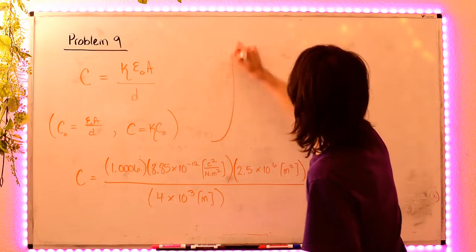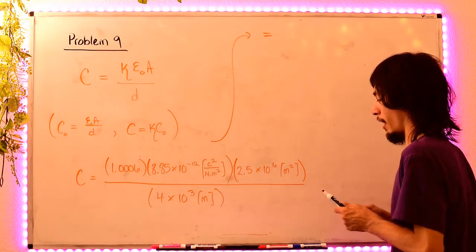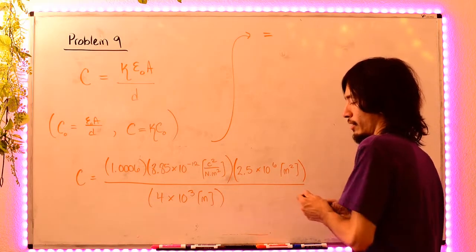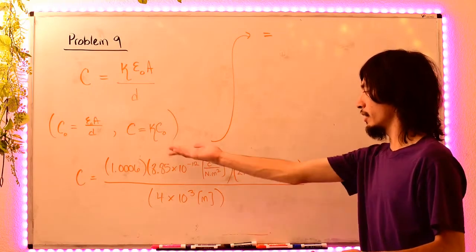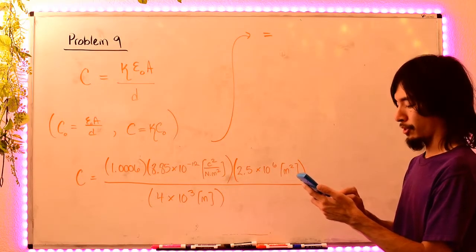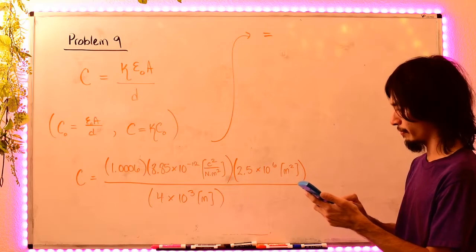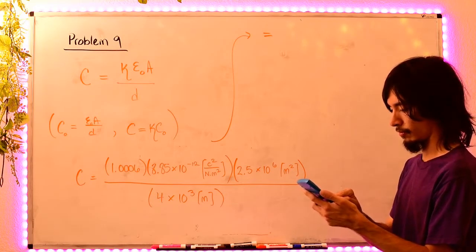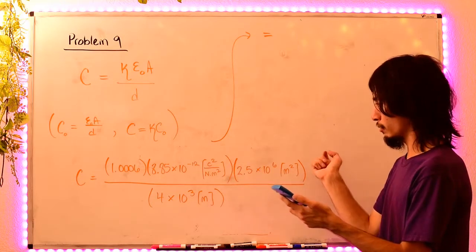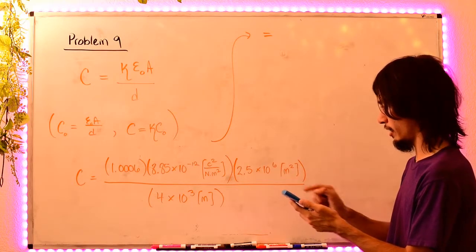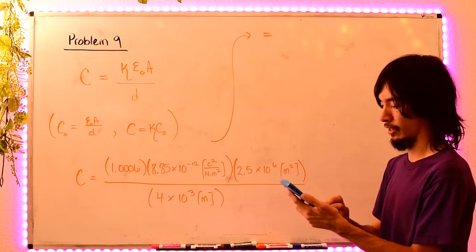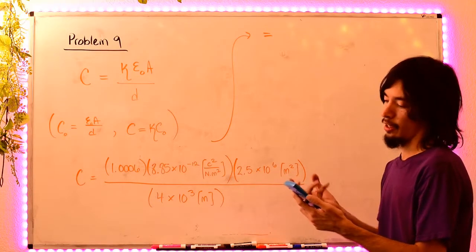So we just run the calculation on that. I doubt the 1.0006 will actually have a significant result on the answer, but there it is. So plug this in: 8.85, 2.5, 10 to the, that's going to be minus 6 when you put it together. Okay.